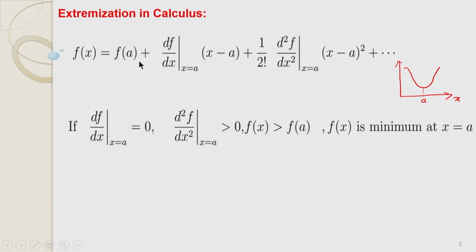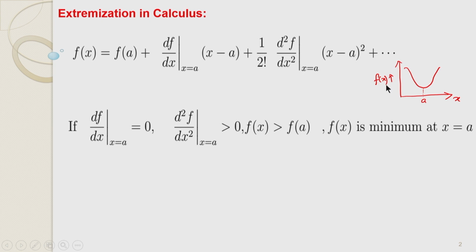Hence, at x equal to a, the function is minimum. This is the relation between this explanation with Taylor series and the graphs. So, this is our f(x).